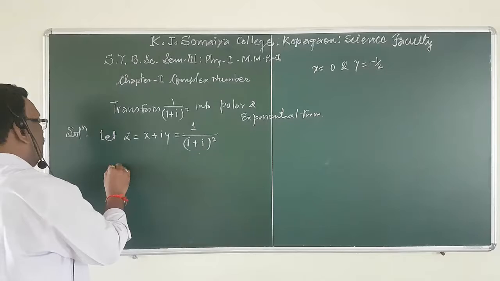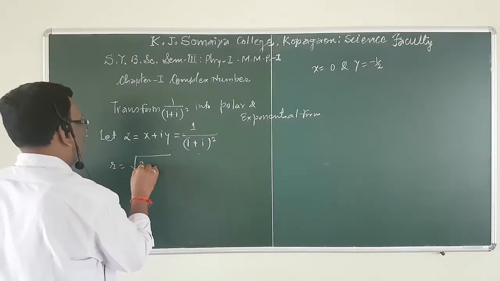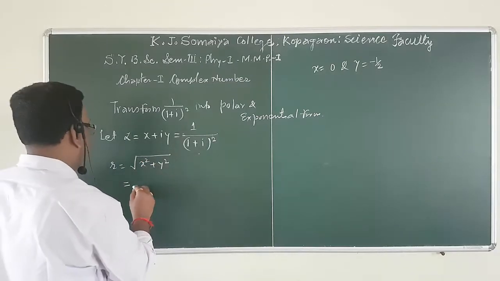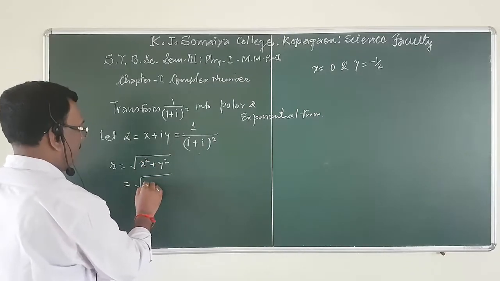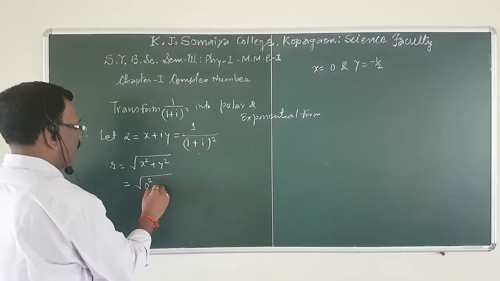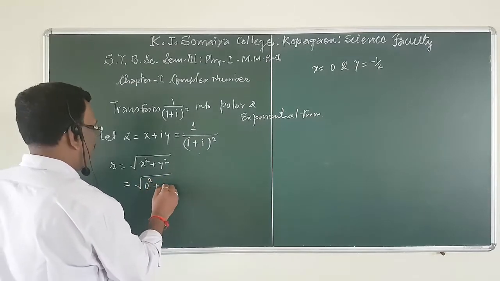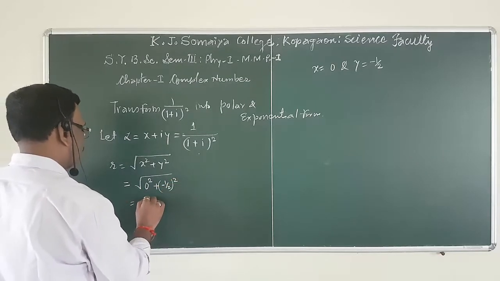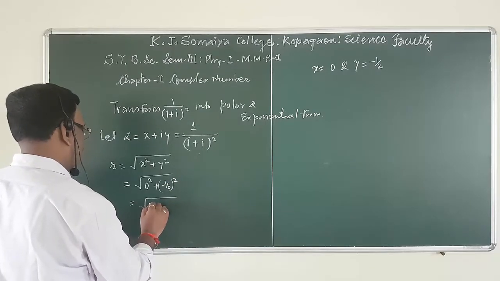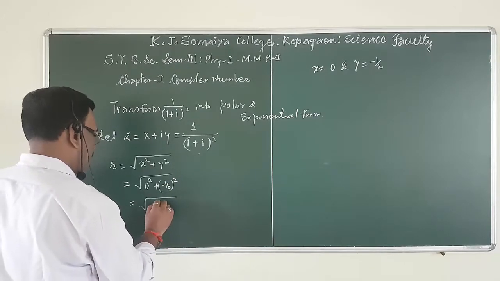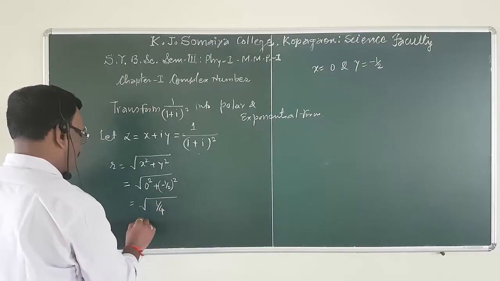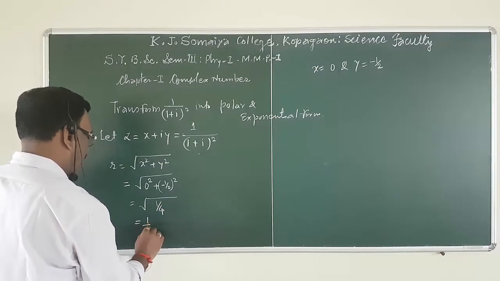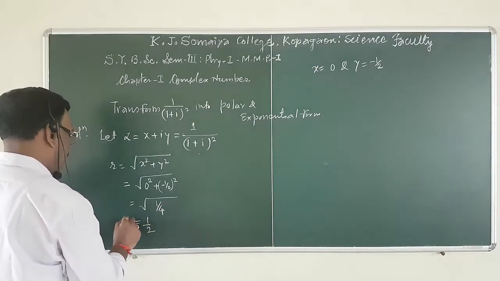We have r is equal to under root x square plus y square. Substitute the value of x and y. Value of x is 0, therefore 0 square plus value of y is minus 1 half. Take square of this minus 1 half and we have 0 square, that is 0, plus 1 by 4, or simply 1 half. This is the value of modulus.